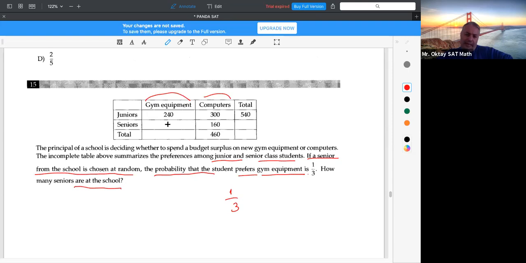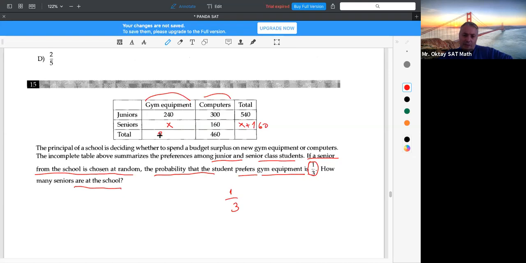If we call this X, how can we use 1/3 now? If a senior from the school is chosen, there are totally X seniors, seniors with gym equipment X, with computers 160. So total seniors is X plus 160.